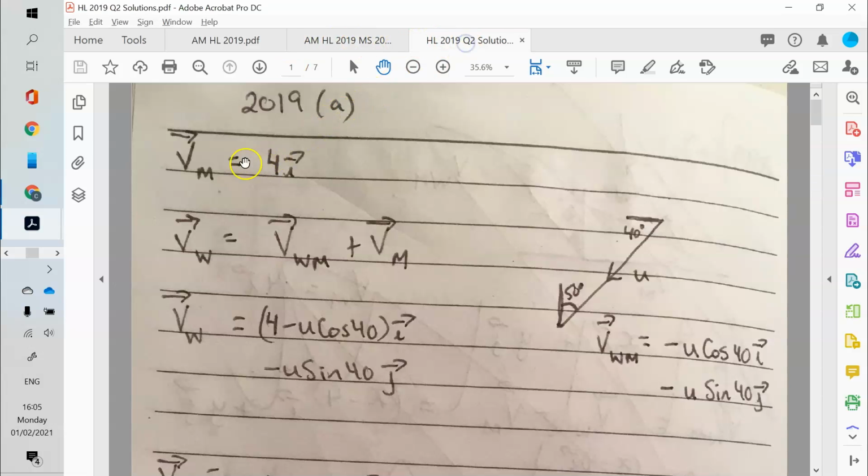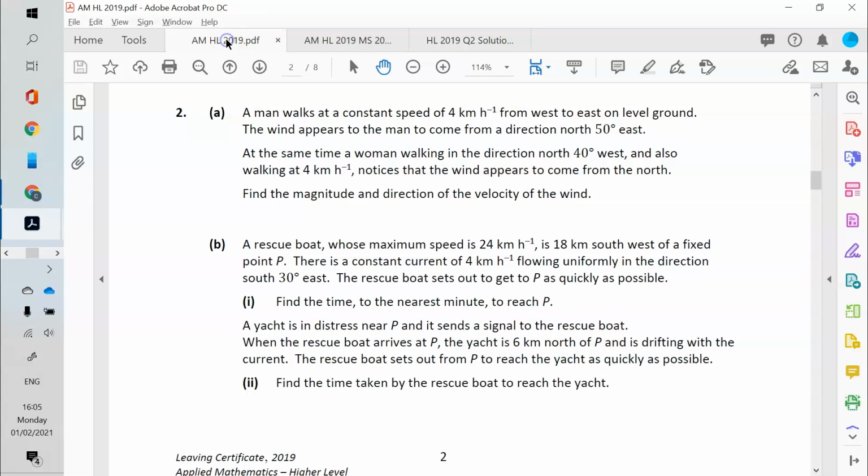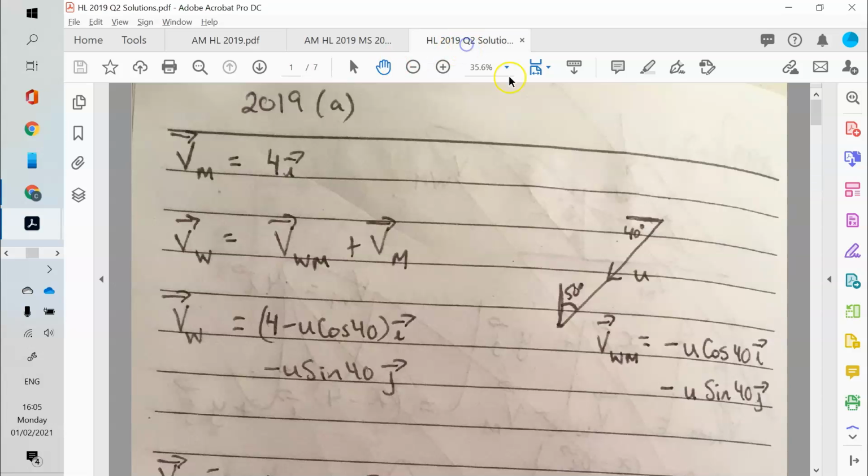So I have his speed as 4i, and then the apparent velocity of the wind, or the relative velocity of the wind to the male, is coming from the direction north 50 degrees east. So if we look at north 50 degrees east, this is the direction the wind is coming from. I've just marked the speed of the wind as u.